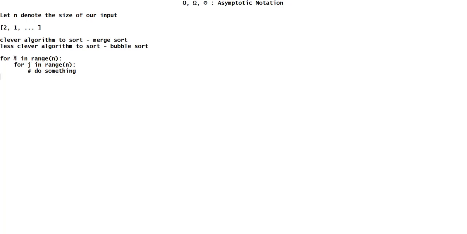Well, you can see this is just like a summation, or rather, it performs something n times, and then it performs that n times something n times. So it's n times n doing something, right? Or rather, it has n squared steps, and it does n squared times it does something.